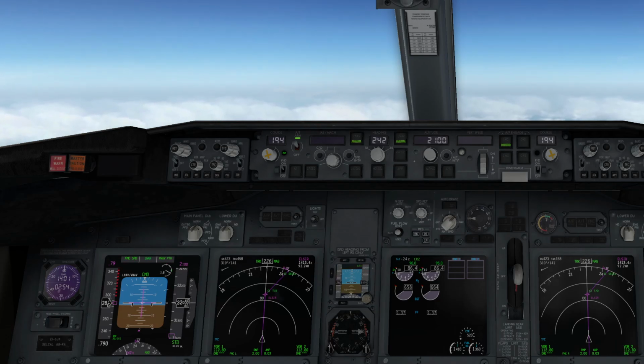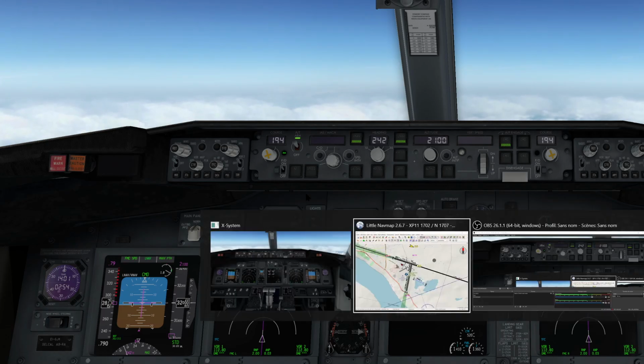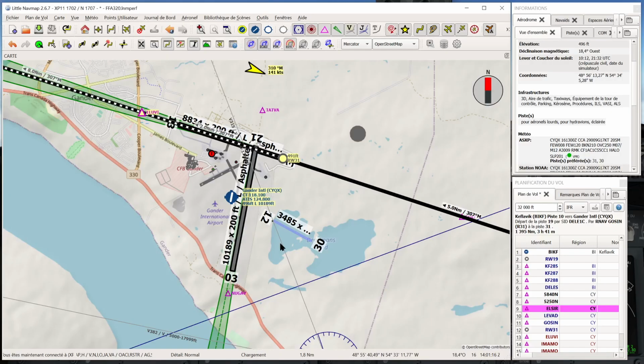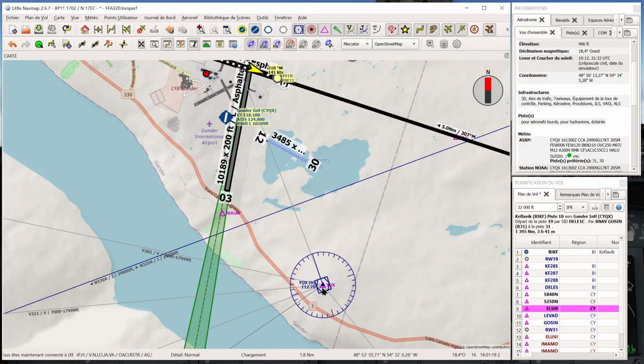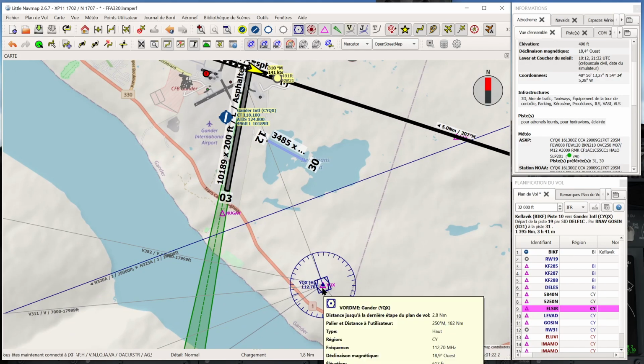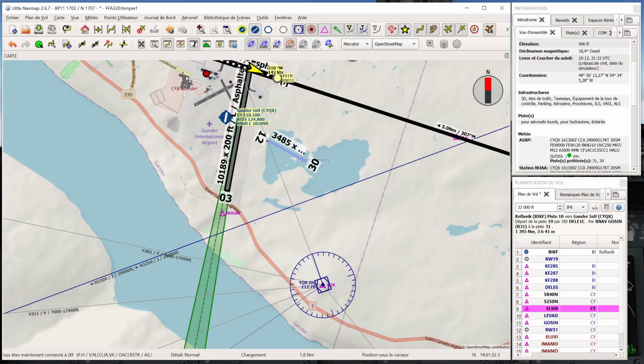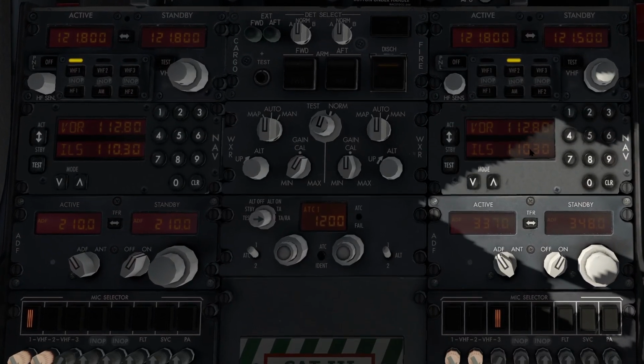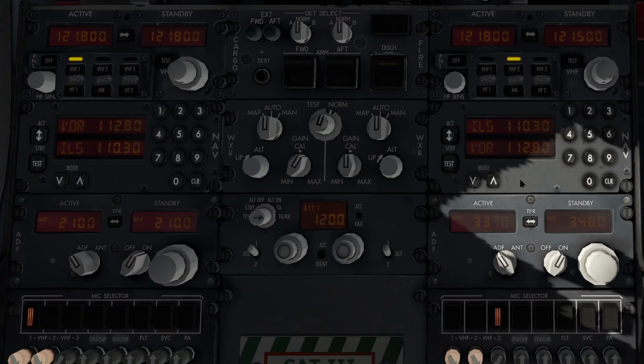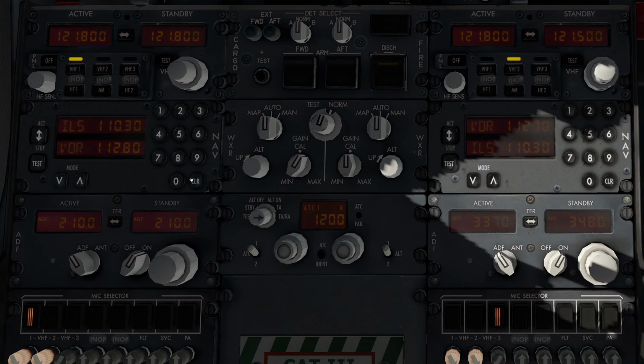Now at Gander, there is probably a VOR in the vicinity. Yankee Quebec X-ray on 112.70. We can tune it on the radio page. 112.70 is there on both sides. Why not?